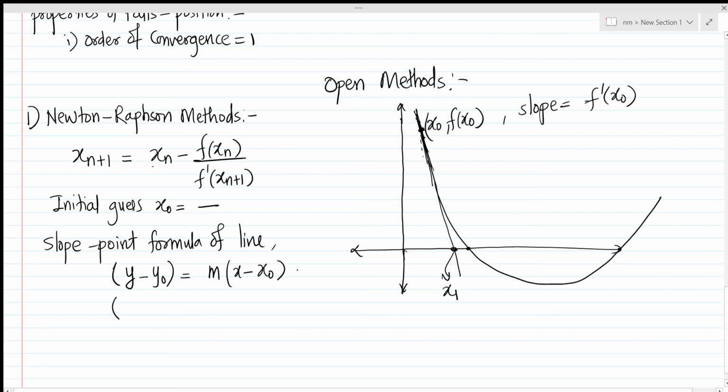At this point, y minus y0 is equal to f of x0, and the slope is f dash of x0 into x1 minus x0.